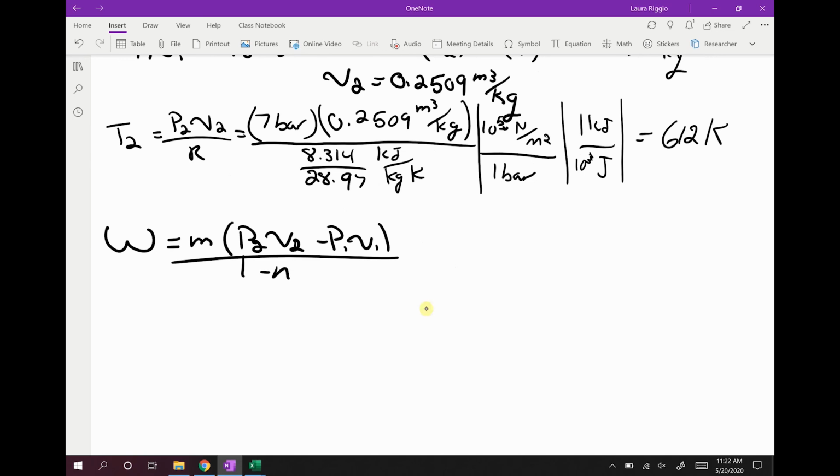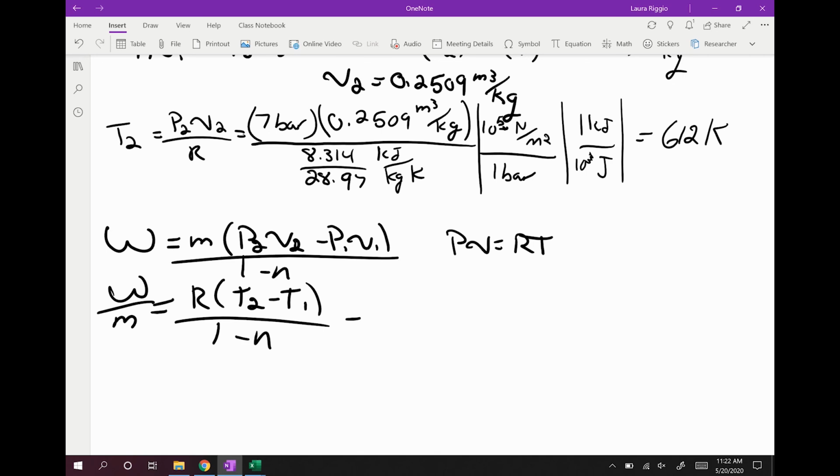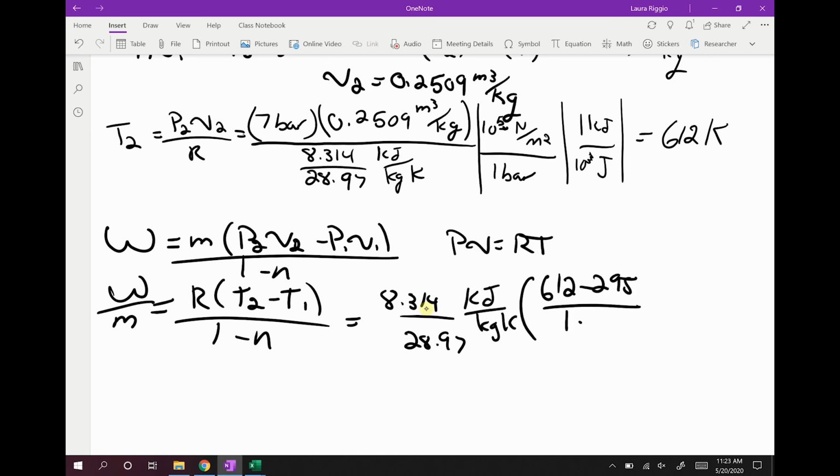If we substitute in PV equals RT, we get that our work per unit mass is equal to R times T2 minus T1 over 1 minus n, which is 8.314 kilojoules per kilogram Kelvin divided by 28.97, times 612 minus 295 divided by 1 minus 1.6, which is minus 151.62 kilojoules per kilogram.